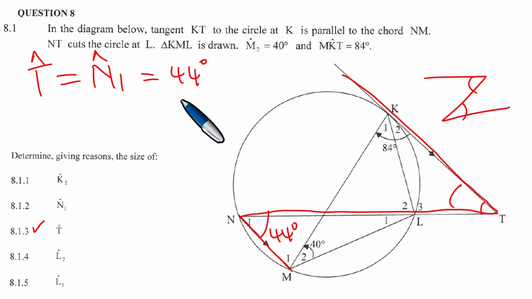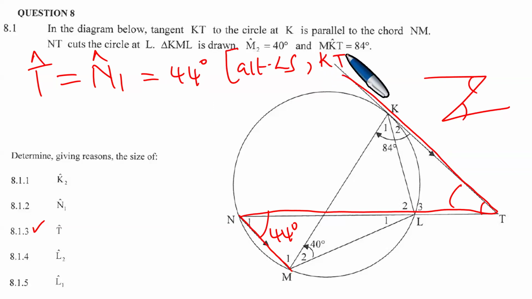Why is this the case? These are alternate angles. Why are they alternate angles? KT is parallel to NM, like this.